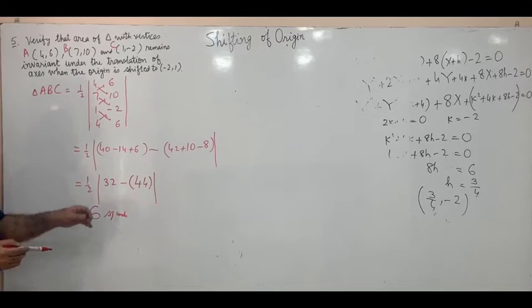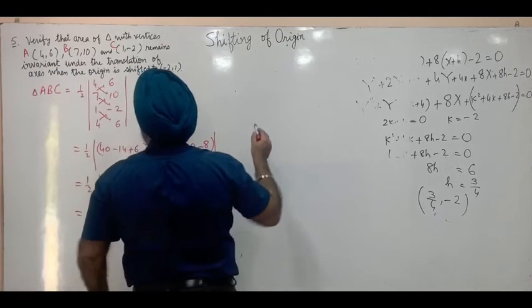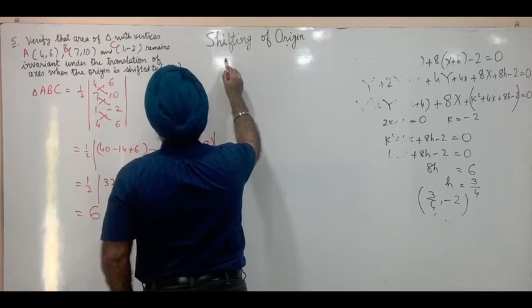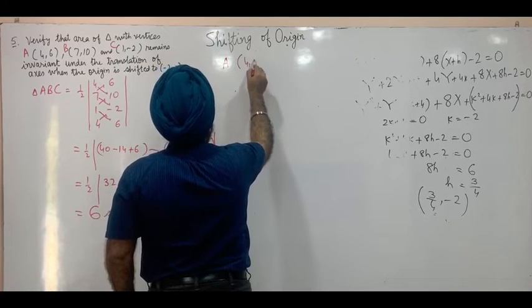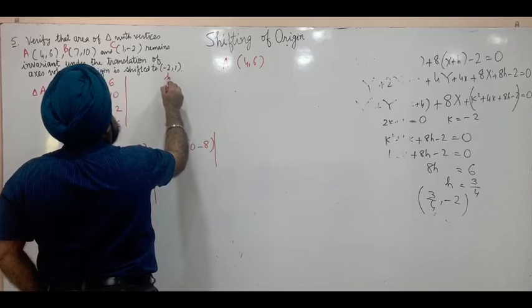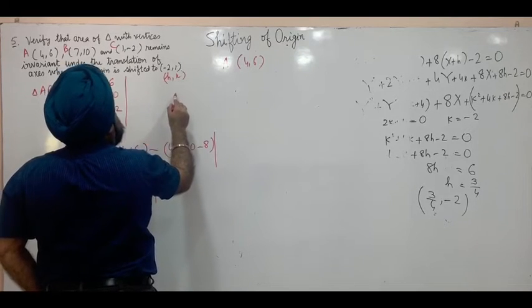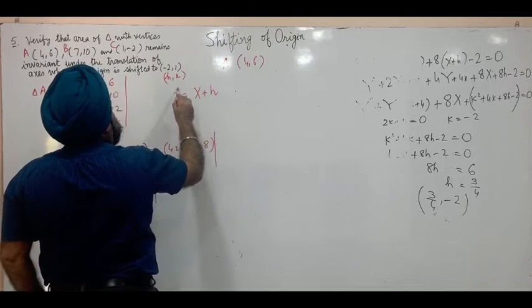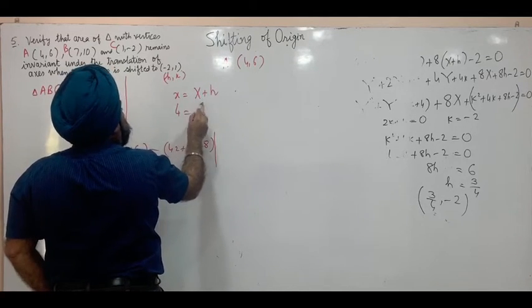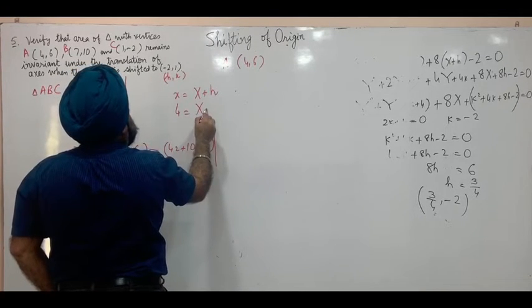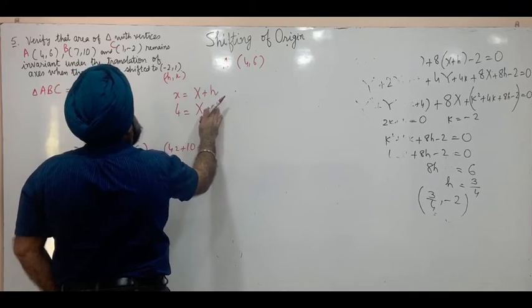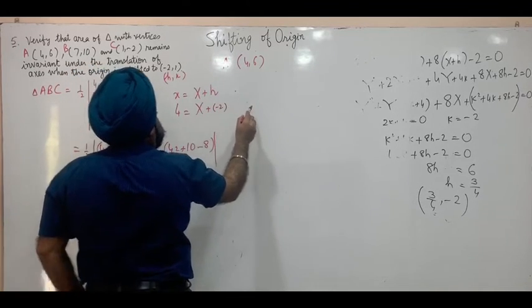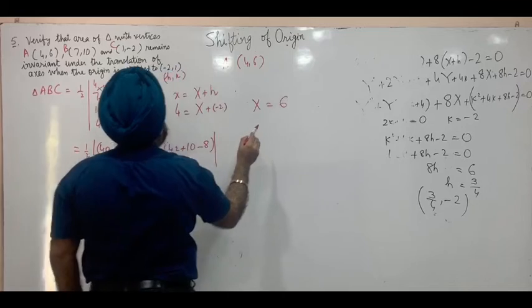Next, origin is shifted to this point, so coordinates of A, which is (4, 6), this is h and this is k. So we know x is X plus h. x is 4, capital X plus h is minus 2. This gives us X equals 6.